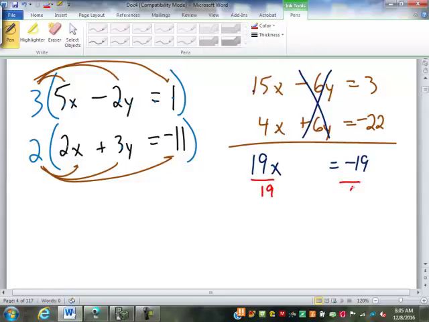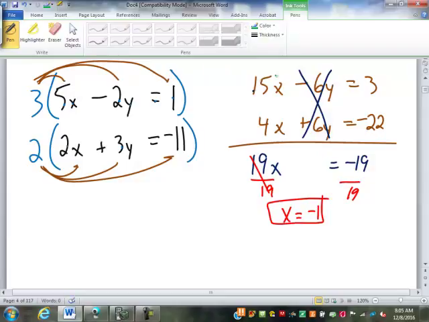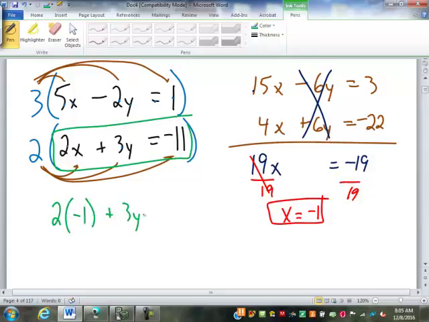We divide by 19. X equals negative 1. Now I put that negative 1 back in either one of the original equations. It does not matter. I'll use the bottom one here. So 2 times x becomes 2 times negative 1 plus 3y equals negative 11.